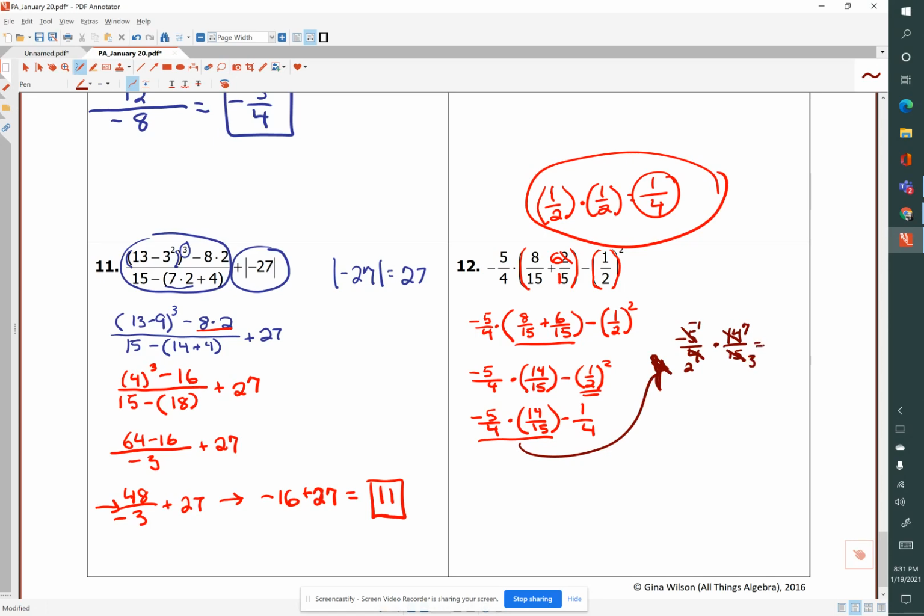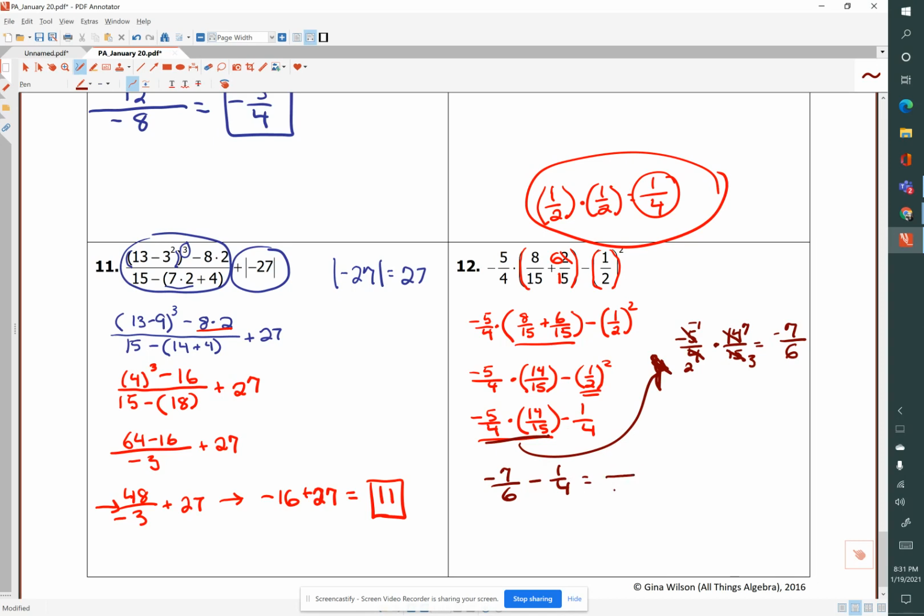Now we multiply across, and we have 7, 7 times 1 is 7, that's a -7, 2 times 3 is 6. So we have -7/6. See, that took care of this. Then we have -1/4. Now we need a common denominator to complete this problem.